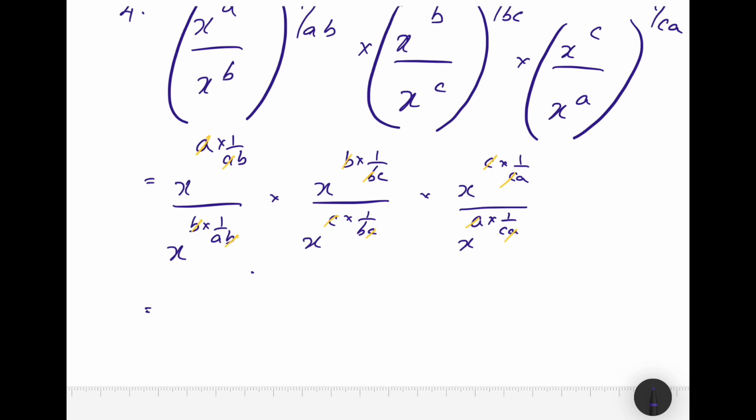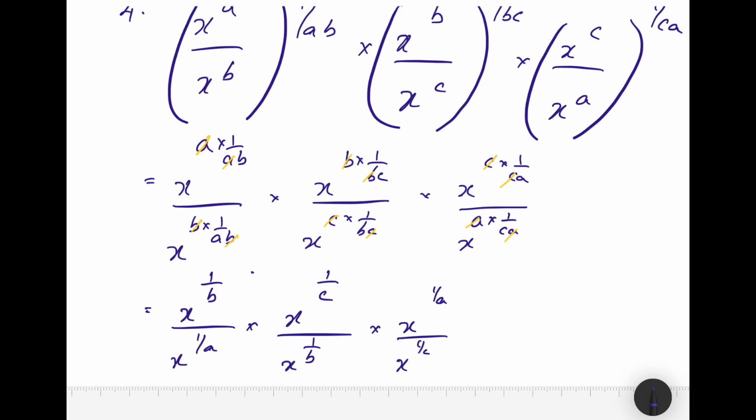So this will be x to the power of 1 by b by x to the power of 1 by a, x to the power of 1 by b. When you are writing the power, write it a little above so that you can distinguish that it is a power, not the base. x to the power of 1 by c.